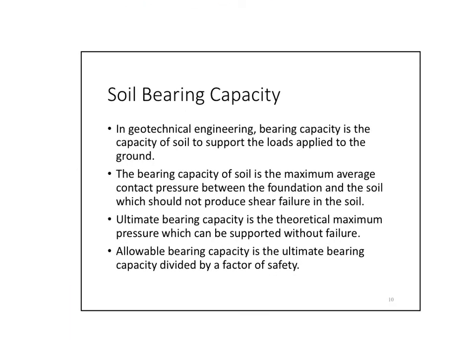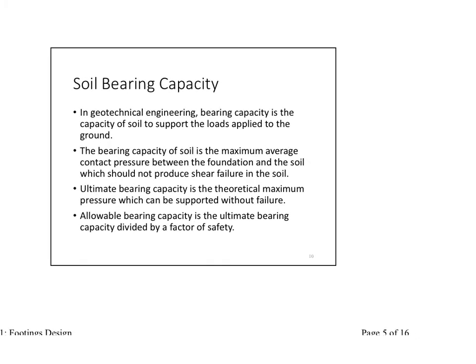What's the bearing capacity? The bearing capacity, geotechnical speaking now, is the load or the stress at which my soil will exhibit what? Shear failure. Have you seen this before? Probably in geotechnical engineering. You put so much load here, this guy goes out, this guy goes out, this one will pop up like this, and then you end up with shear failure.